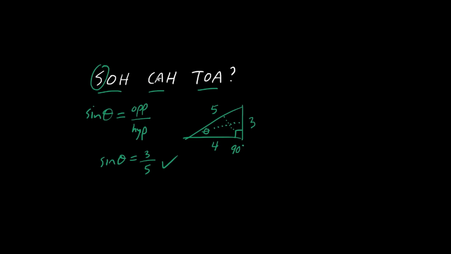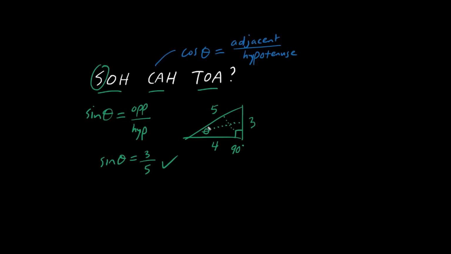C represents cos. So we have cos theta, cosine of the angle theta, equals A, which represents adjacent, over the hypotenuse, HYP, hypotenuse.